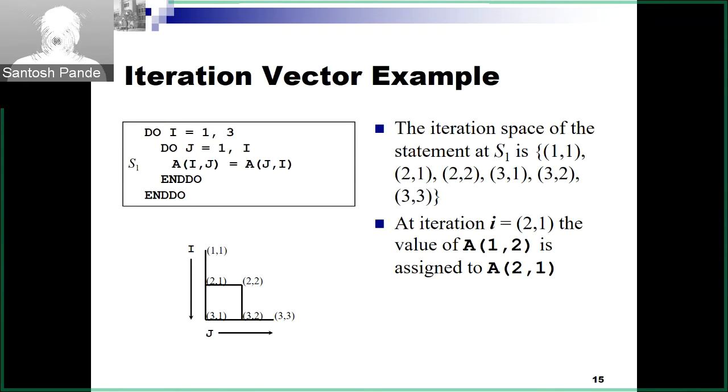So for example, when we are at the iteration vector (2, 1), you can see that the R value that is accessed here will be A of (1, 2), and it is assigned to the L value (2, 1).